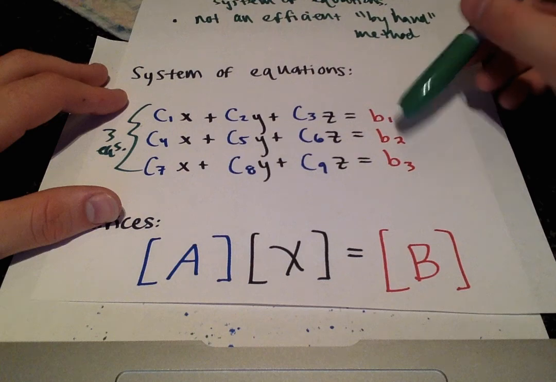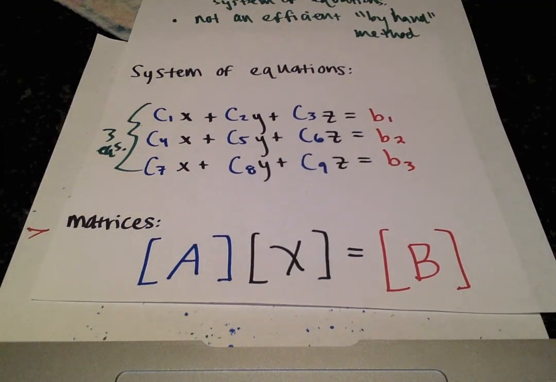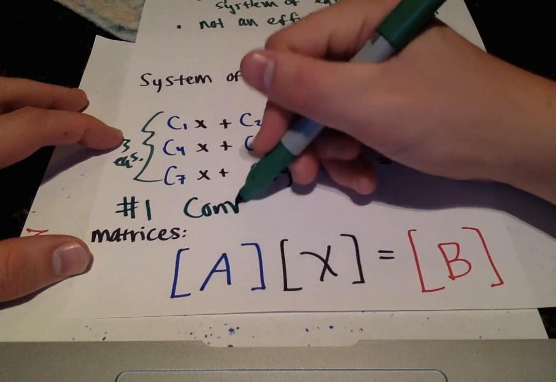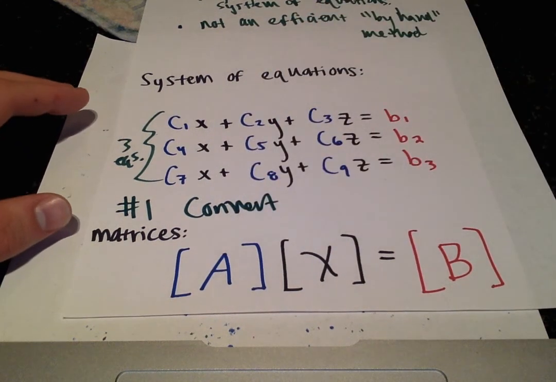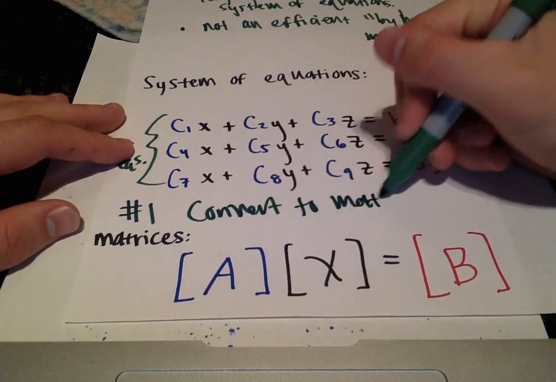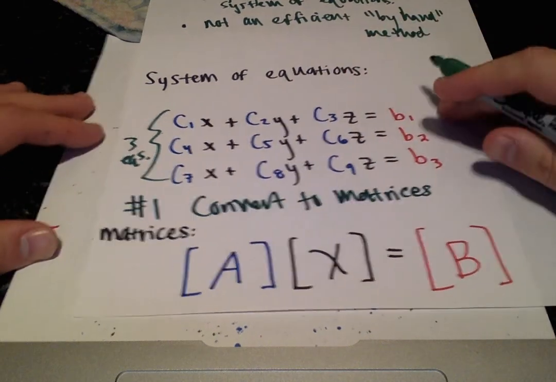B1 to B3 are also just different numerical values. And then the first step is to convert your system of equations to matrices. So I have that here.